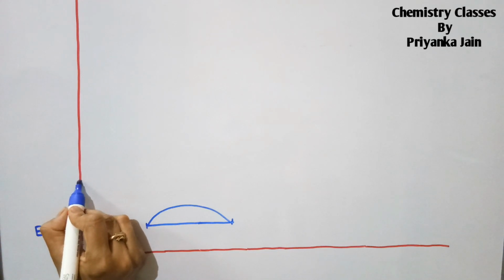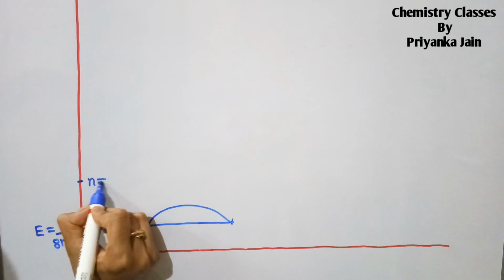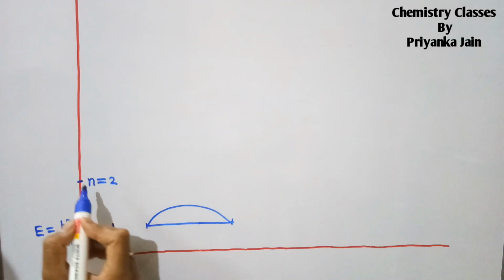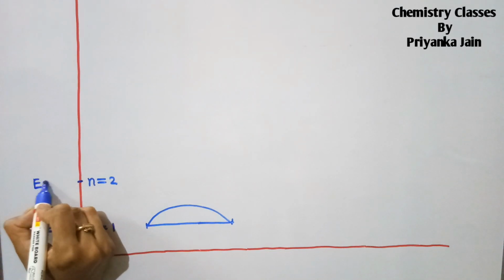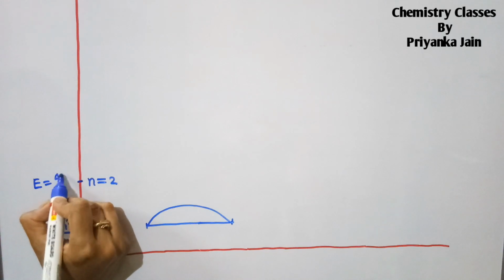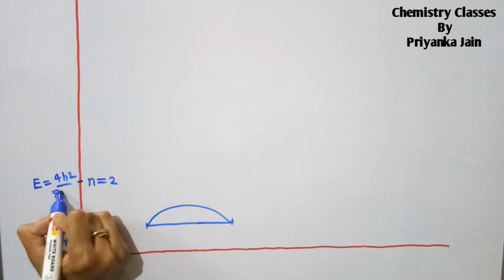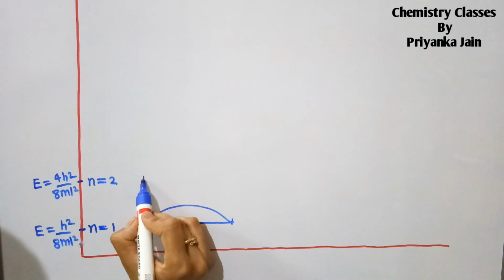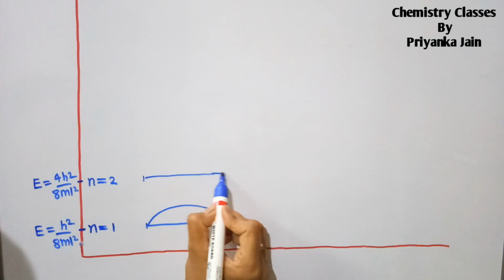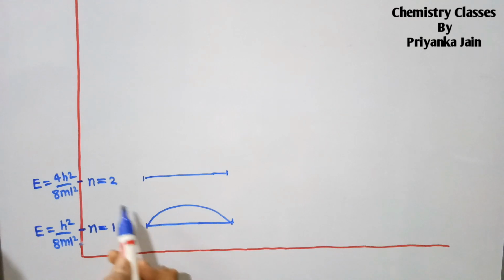Now see, when n is equal to 2, the value of E will be equal to 4h square upon 8 ml square, right? And now see our plot, what will be its value?